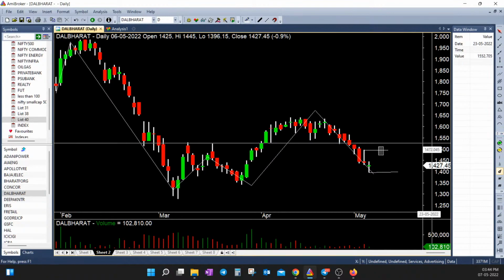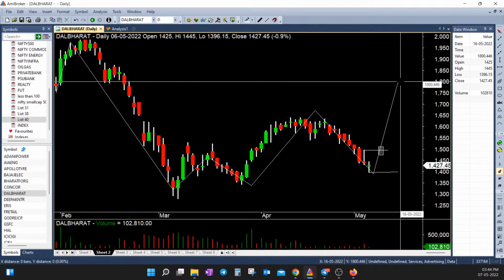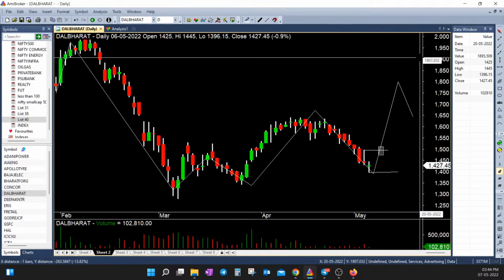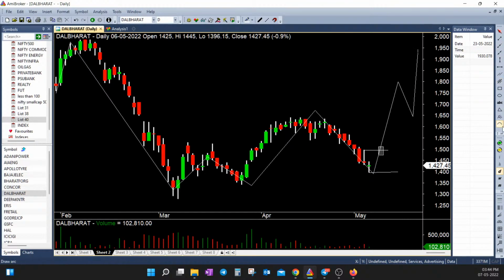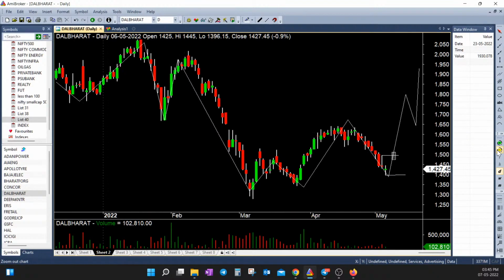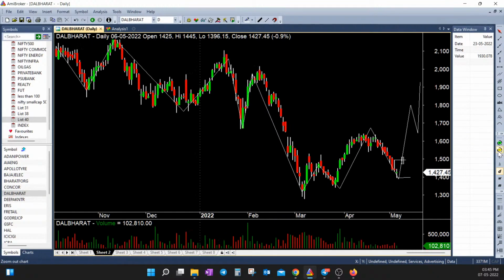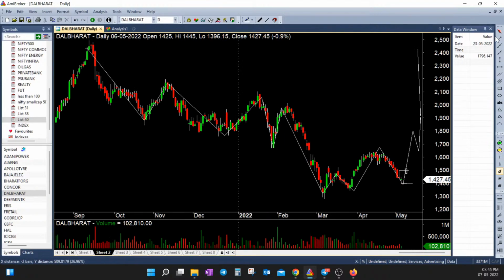The trend will go like this again, down, again up. See, these are some basics to understand. Just by following the trend itself, we can get to know where the price action is, where the price is.